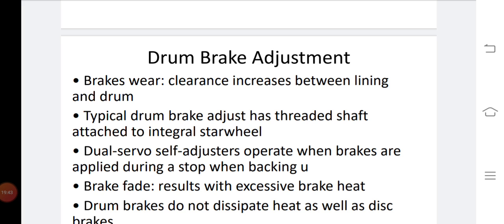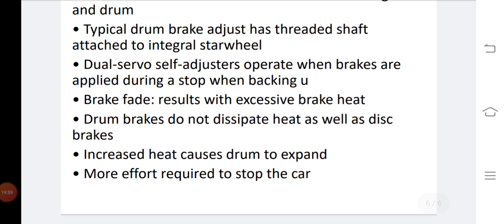It is mainly due to the excessive heat generation in the brake shoes. And another thing, drum brakes do not dissipate heat as well as disc brakes. So increased heat causes the drum to expand and more effort is required to stop the car.